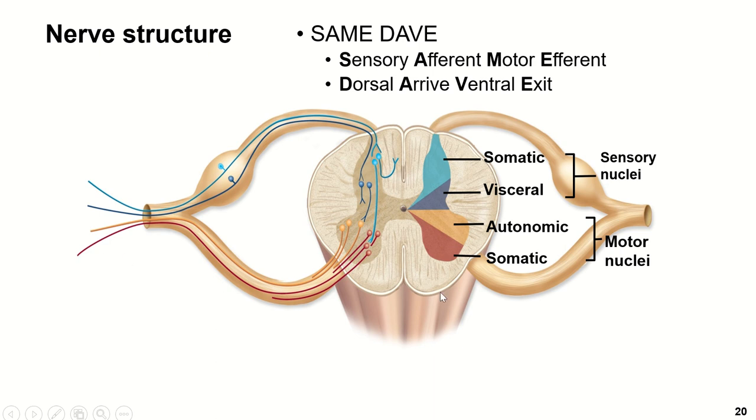Okay, and in this diagram we actually have the somatic sensory neurons and the visceral sensory neurons, which you can see are going to synapse in different sections of this posterior horn. And then the autonomic motor neurons and the somatic motor neurons, again, are going to synapse in different portions of the anterior horn.